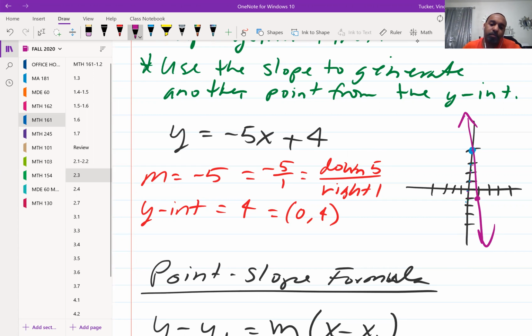All right. Questions before we look at the point slope formula?